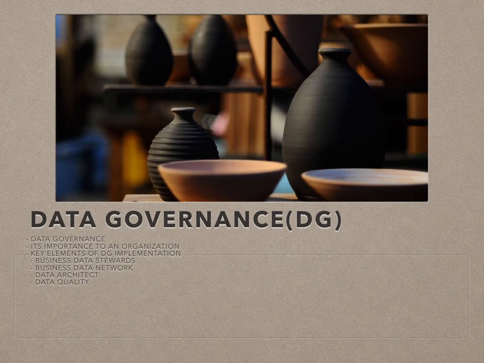The last thing is data governance. Data governance is the general management of the availability, usability, integrity, and security of data used in an enterprise. There are some key things to be considered when implementing data governance. The business data steward is the custodian of the data, so he describes what kind of metadata is to be brought into the data warehouse, whether structured or unstructured.